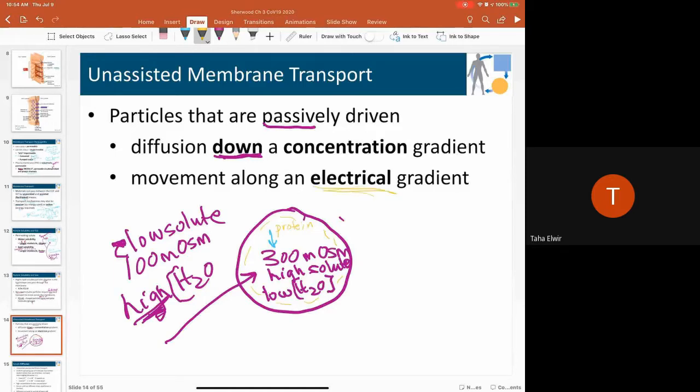The cell inside is negatively charged because of the proteins inside. The negative charge is also kept there because of potassium, which is high inside. Let me change the color here.